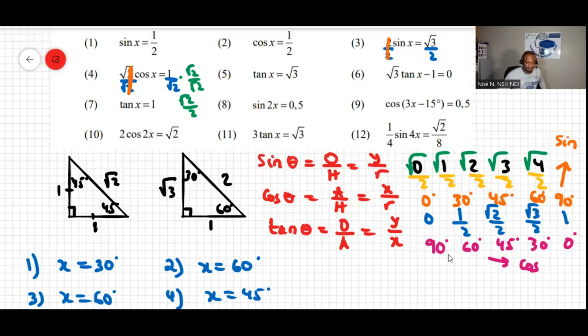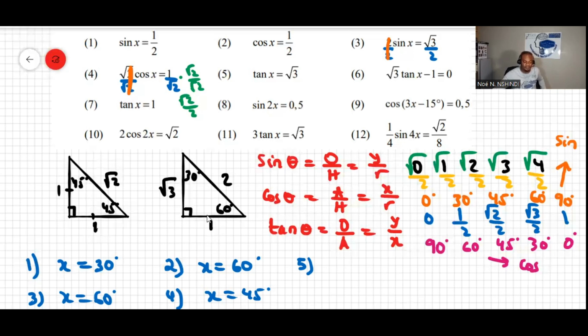Question 5. Tan x equal to root 3. For tan, I don't have it here, but I can divide the fractions, do the sine over the cos, or I can also just look at the triangle here. It's going to be easier here. I see tan is opposite over adjacent.